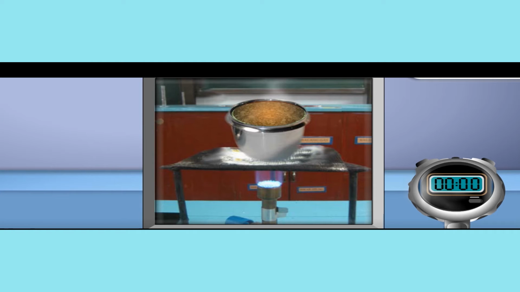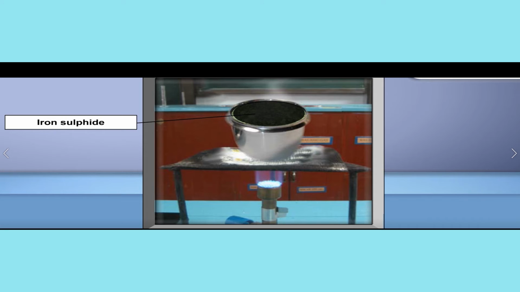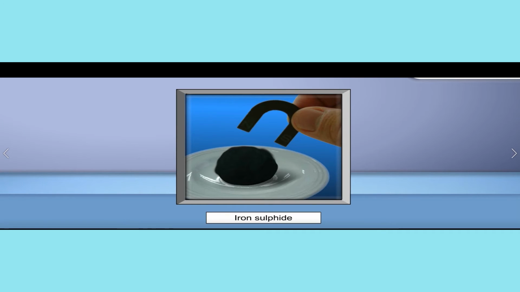When these two elements are mixed and heated together, they will react and form a compound called iron sulfide. Iron sulfide has physical properties that are different from those of the original elements, iron and sulfur. Iron sulfide is a black compound and it is not attracted by a magnet.